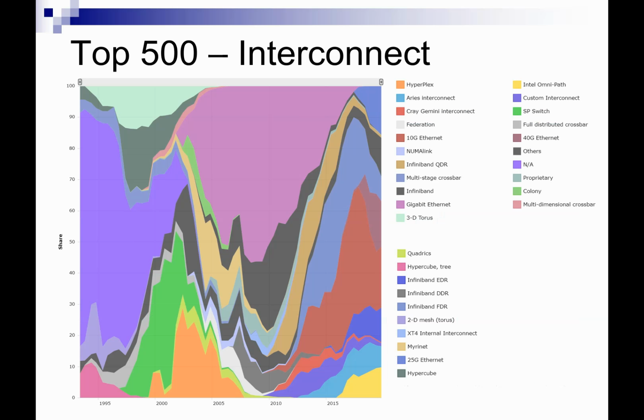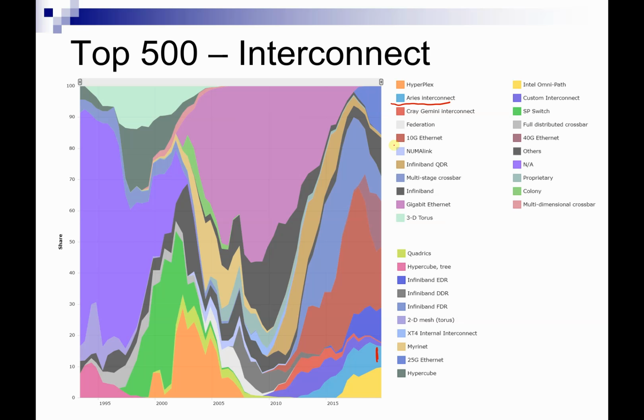In fact, we can look at the types of interconnects which are being used nowadays. If you look at the end of this graph, it's kind of hard to tell the colors because there are so many different colors. But basically, the main popular ones today are the Aries interconnect, which I think is this blue region over here, and it is used in the Cray computers.